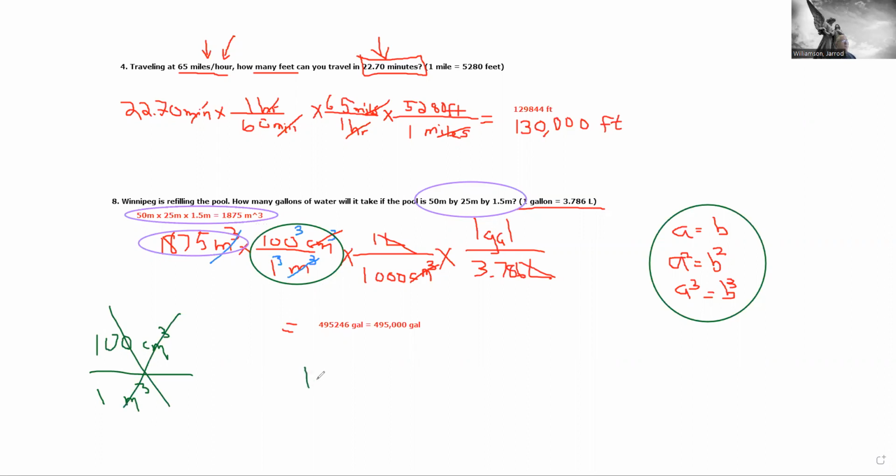If 1 meter is 100 centimeters, if you cube it, you have to cube everything. And so that would be 1 cubed meters cubed is 100 cubed centimeters cubed. Okay. And that's how I did here.